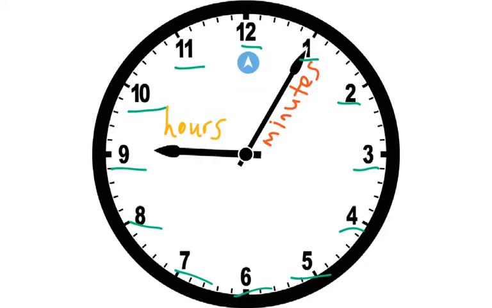When it is at 12, it is 12 o'clock. When it moves to 1 o'clock, 2, 3, 4, 5, 6, 7, 8, 9, 10, 11 o'clock, and back to 12 o'clock. So that's when the hours hand is at each of these points on the clock.